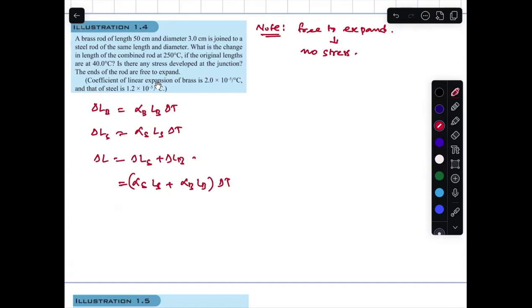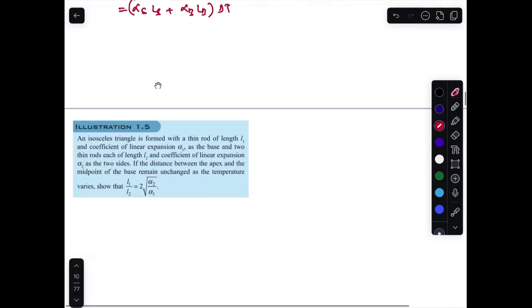Actually, more deeper cases we will deal later, I mean, next class. So, free to expand, there is no stress. By doing which, you will get the answer as 0.34 centimeters. So, I'm giving you the concept and leaving. Go for the next question.